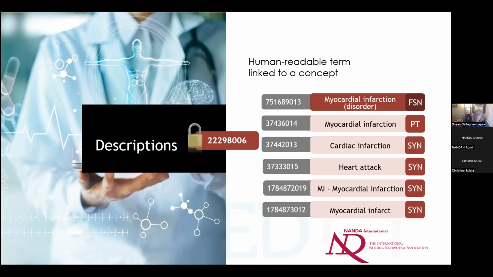This also shows the value of SNOMED CT, because as you're building your electronic health record, if yours is more patient friendly and you would prefer to show heart attack on your display for the person who's doing the documenting, you can use that term heart attack, but it will still be connected to the same description that a clinician would use when they use the words myocardial infarction.